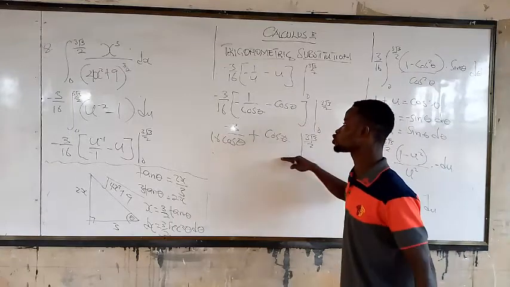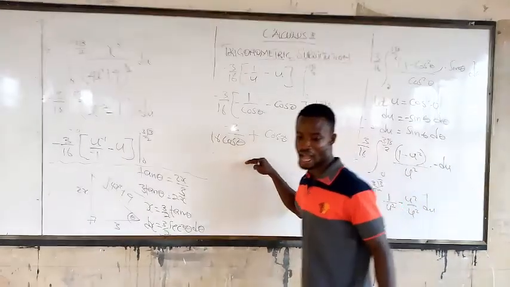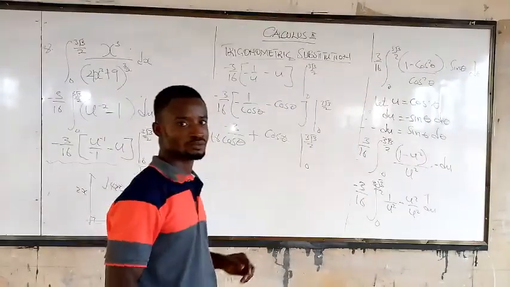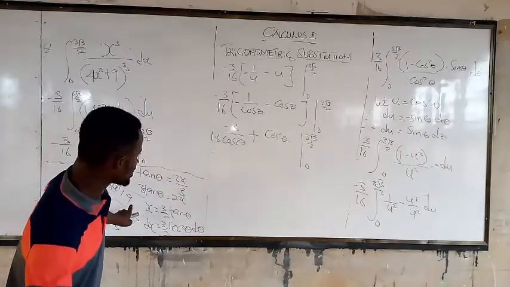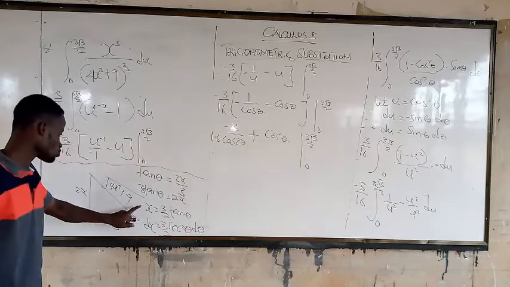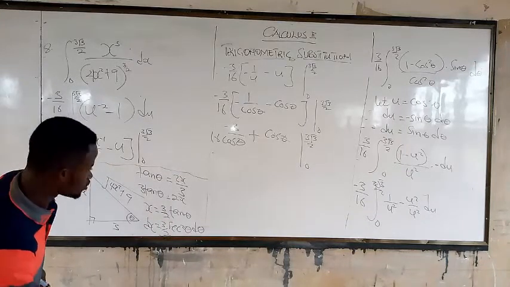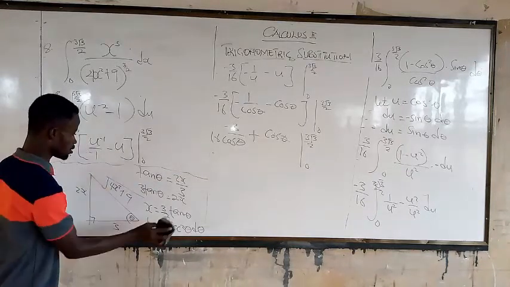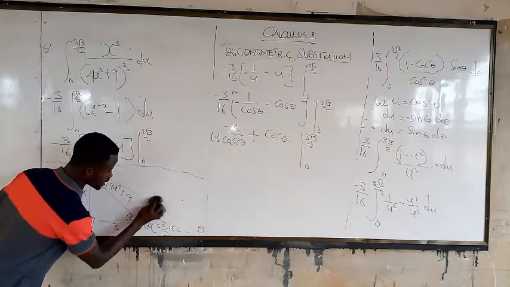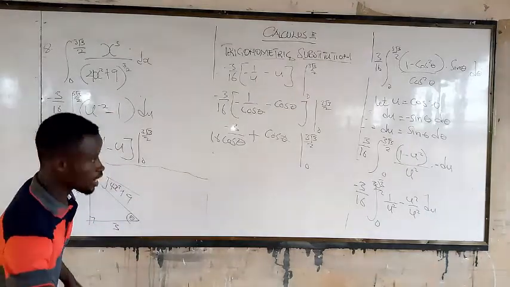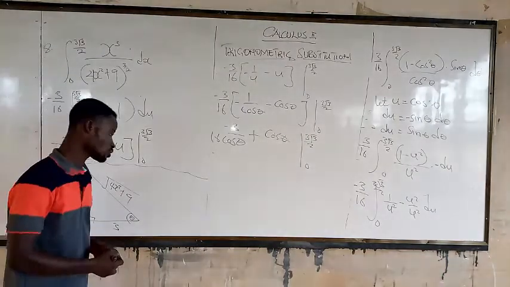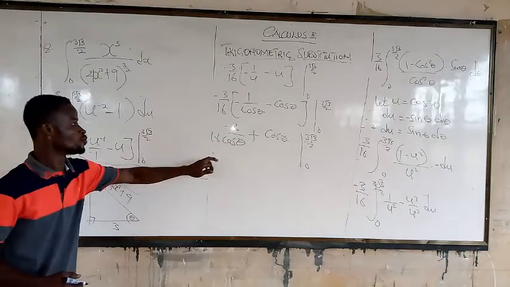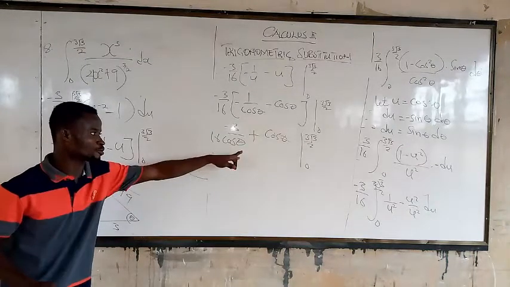Here we need to transform back our x. So from here, let me clear this part. We are going to use only this Pythagorean right angle triangle. We need cos theta to come and do the substitution back.